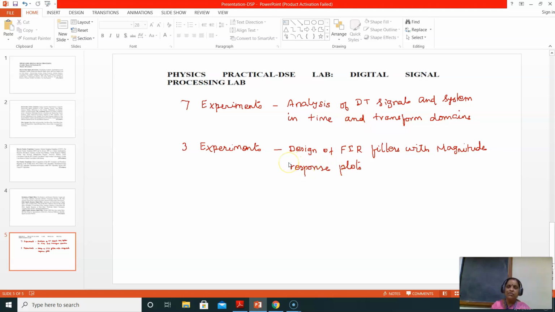So once this subject is studied, you may wonder where you find applications of this subject or this course. Digital signal processing techniques can be used to analyze or deal with real-time signals like speech, digital images, digital EEG signals, digital EMG signals. So digital speech and digital images can be analyzed for a variety of applications.